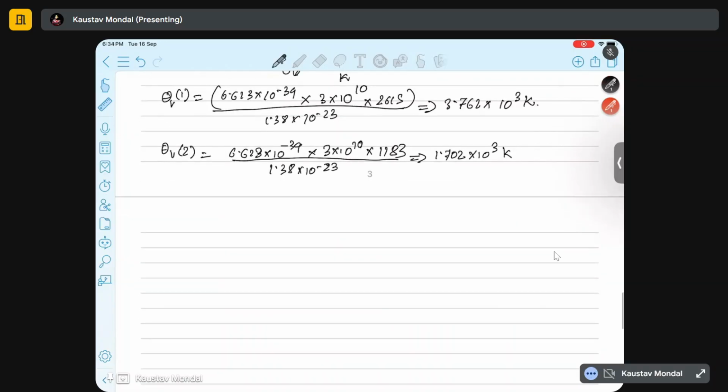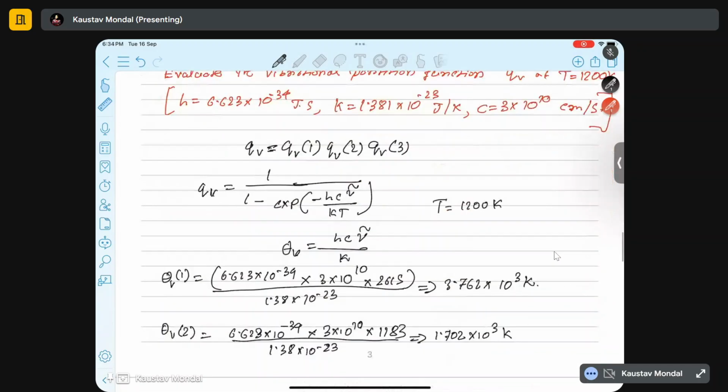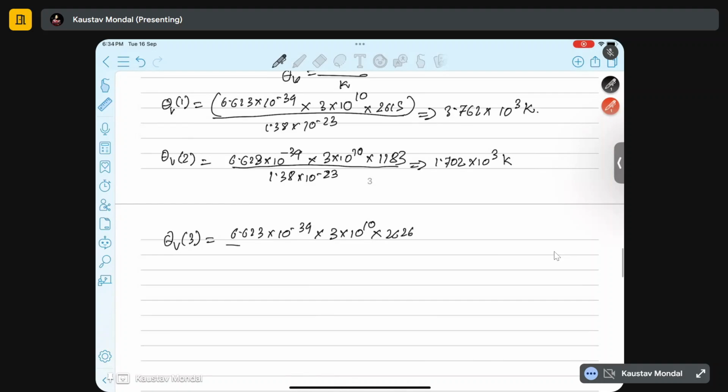Now we move to the third one, QV3. In a similar way, 6.623 into 10 to the power minus 34 into 3 into 10 to the power 10 into the wave number for the third mode, 2626, the whole thing divided by 1.38 into 10 to the power minus 23.